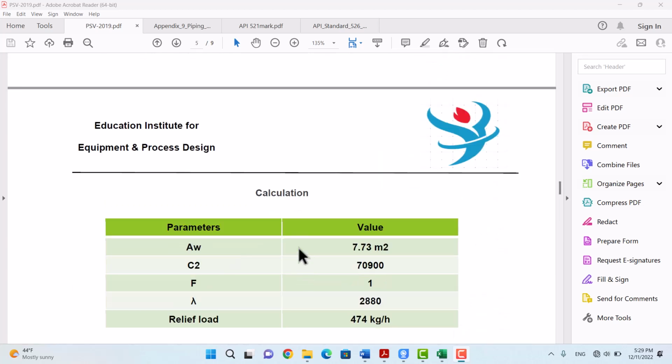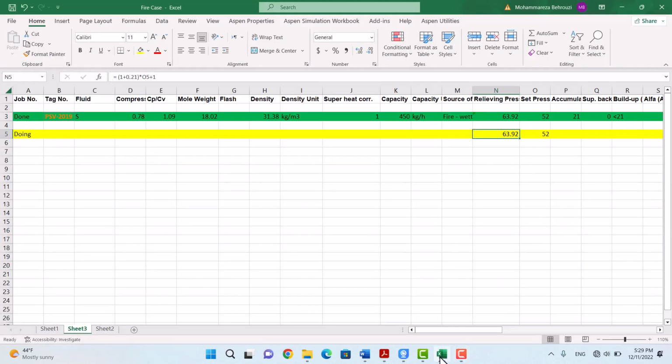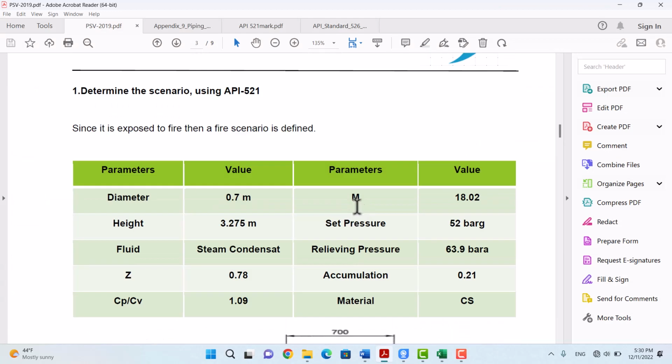So in order to do the calculations, I'm going to open the Excel sheet and create it from a starting point. You know that this is the PSV. This is the name of the PSV. You know that it is steam and condensate, and the compressibility factor from the data sheet is 0.78.